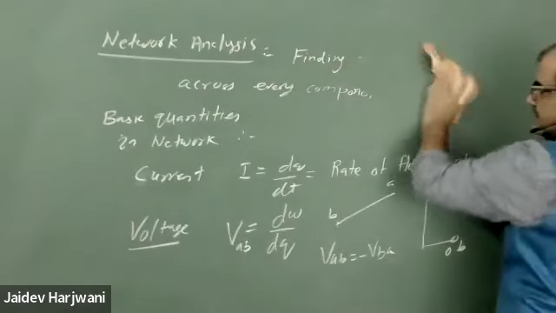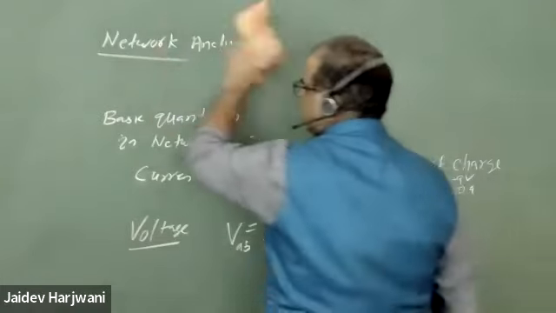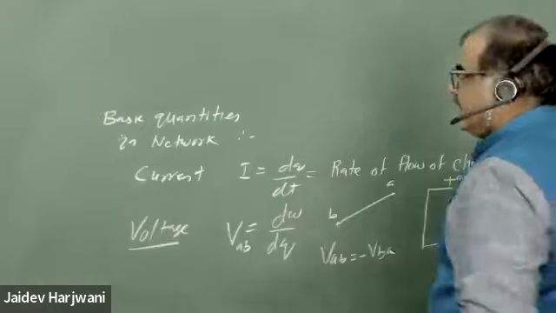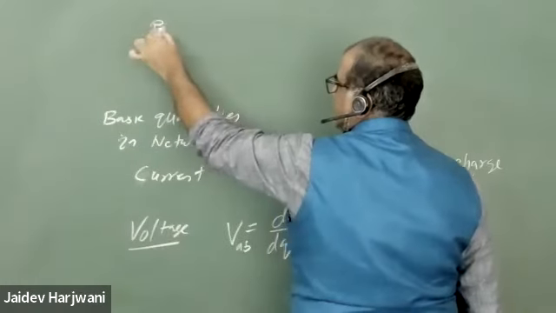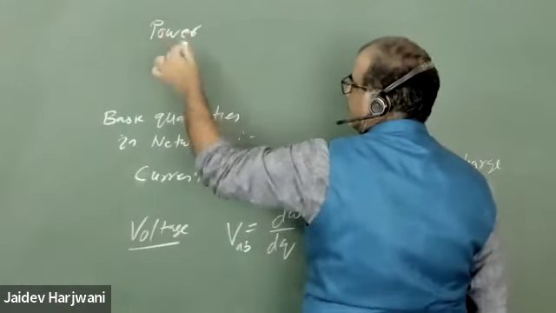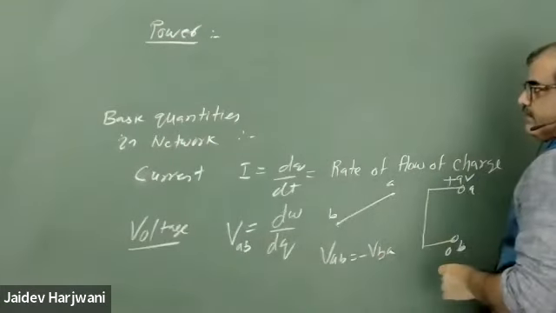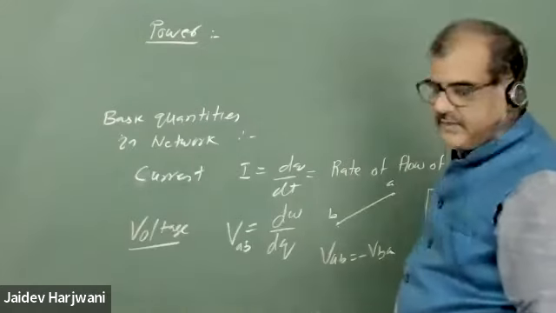Once we are done with this, we can start our network analysis. Now the next thing is power. Power, as all of you know, is the rate of work done.